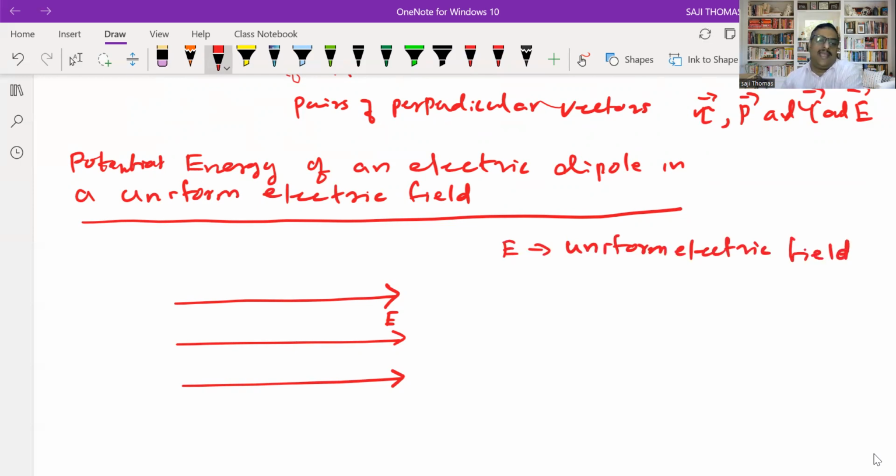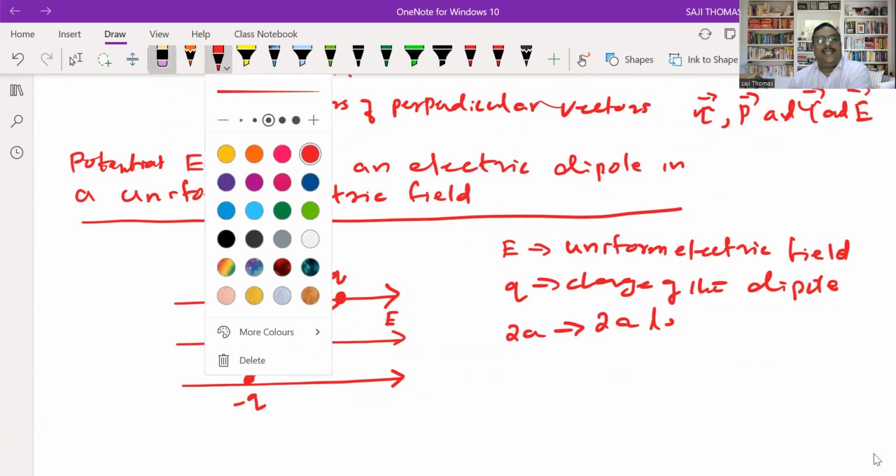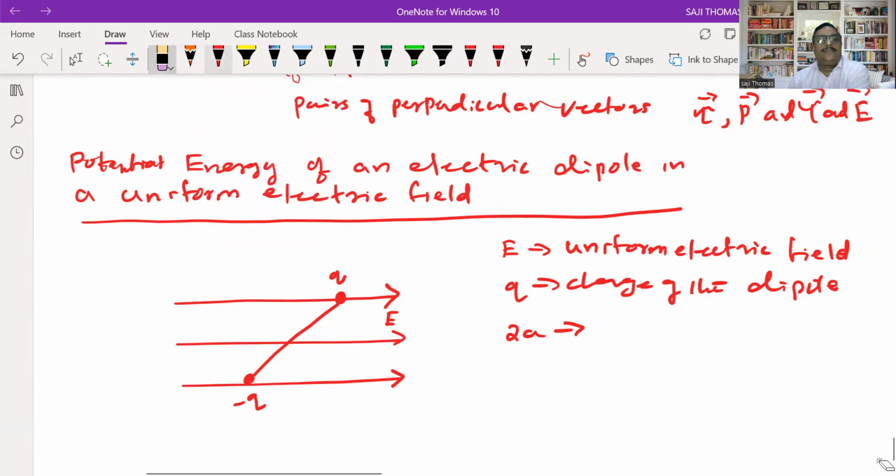And I am placing a dipole. See, this is the dipole. Minus Q charge, plus Q charge. Q charge of the dipole, and 2A is the length. You know the notation, 2A, length of the dipole. The dipole makes an angle theta with the field direction.